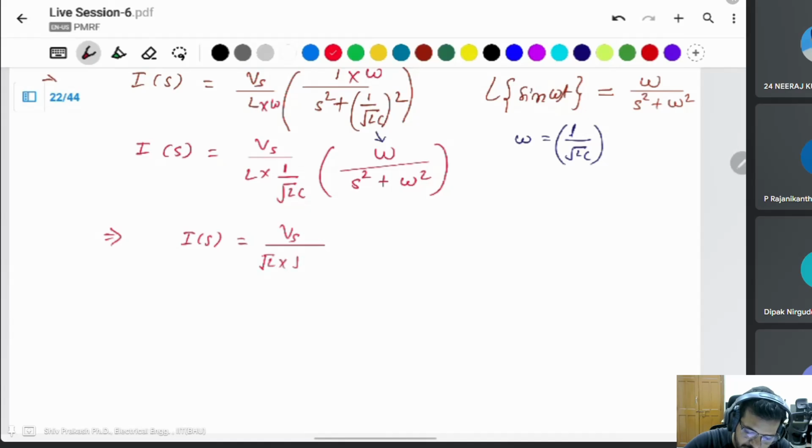For the L, you can write it as root of L into root of L, so L into root of C. If you convert this into the time domain, the reverse of this will be sine omega t.